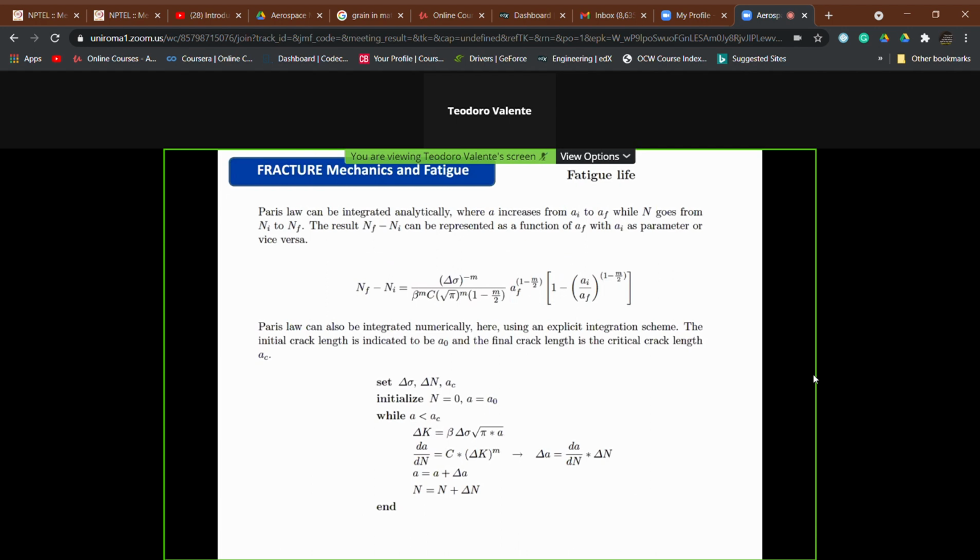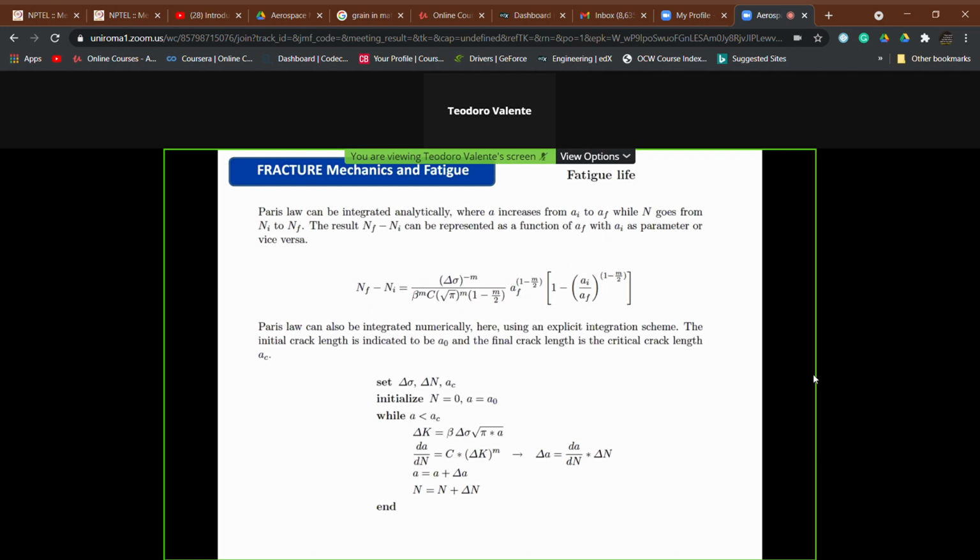We can use our derivative equation, and we can make an integral of that simple derivative equation, putting as extremes, when we make the integral on the crack length, the initial crack length, a_i, you see here, till the final crack length, which is the critical crack length.